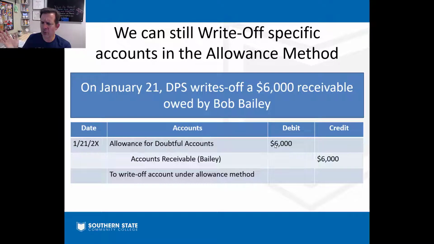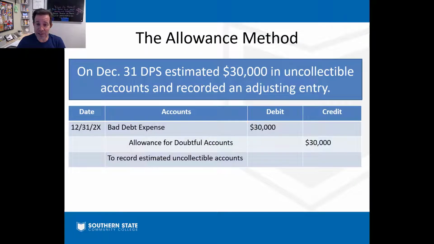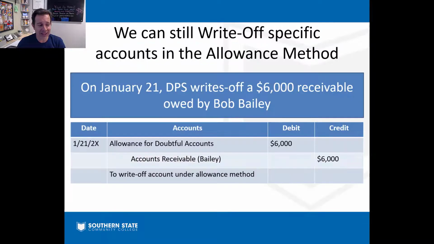You say, well, wait a second. What about bad debt expense? Why wouldn't we hit that? Well, we already recorded that bad debt expense when we made the allowance, right? Don't need to hit it again. So we take it out of the allowance. They've proven they're not going to pay. We don't need to allow for it. And we credit the accounts receivable now that we know exactly which one's not going to pay.